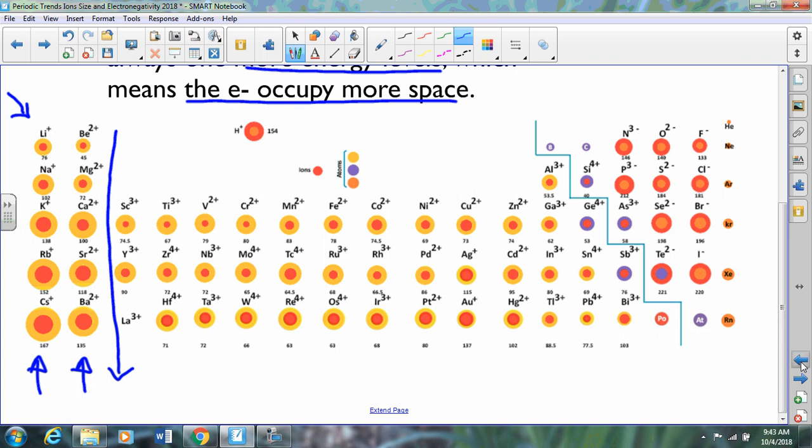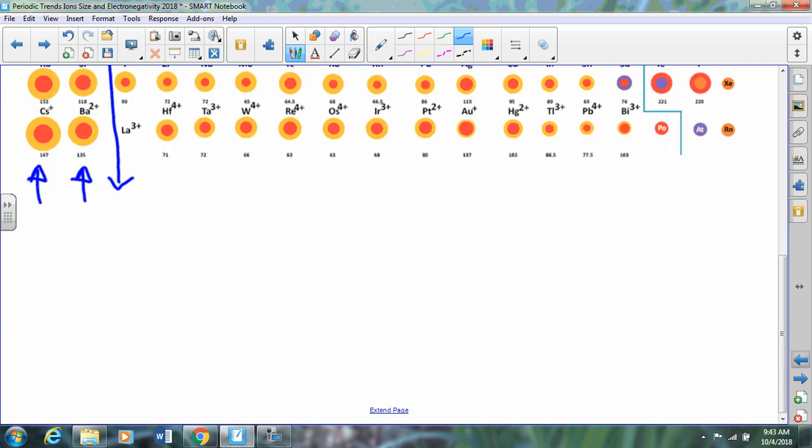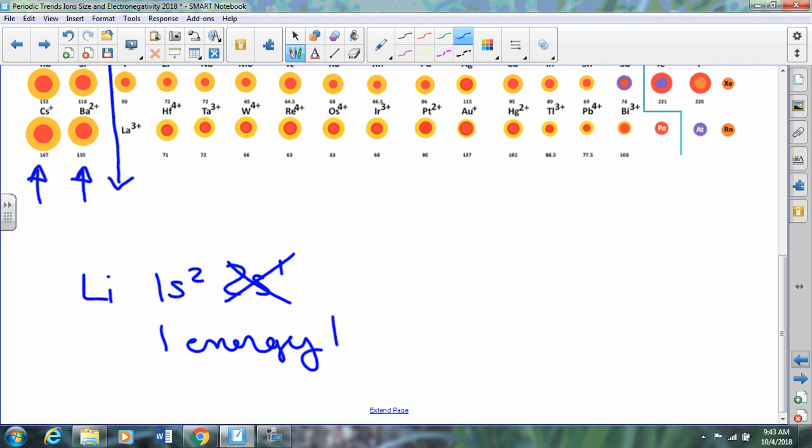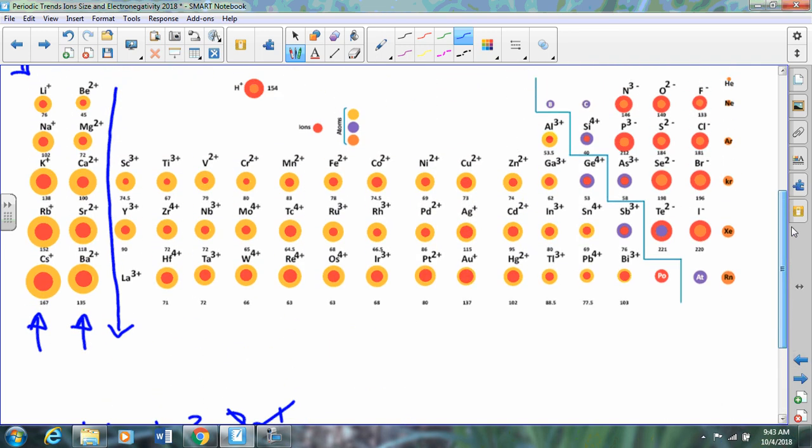The size is increasing. There are actually a lower number of energy levels for the cations because this used to have lithium. Lithium used to be 1s2, 2s1, and by losing that one electron, it now only has one energy level. So it's going to be smaller, but compared to everything else below it, they will get larger.